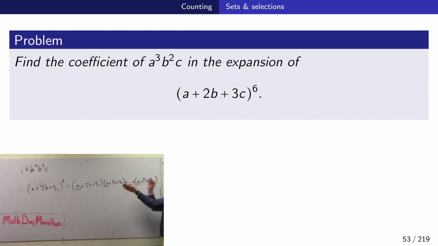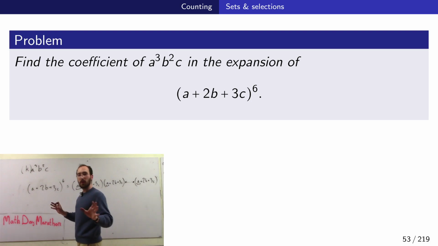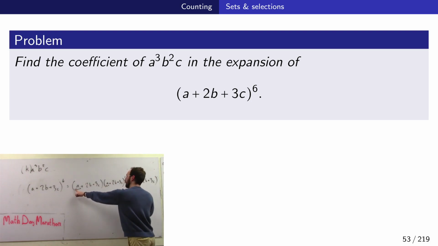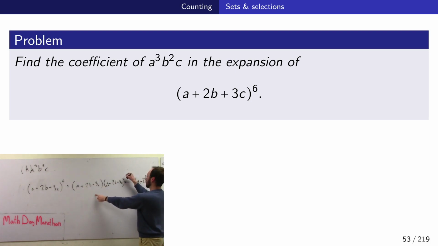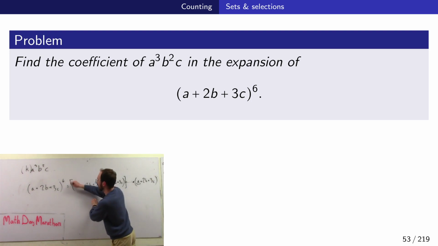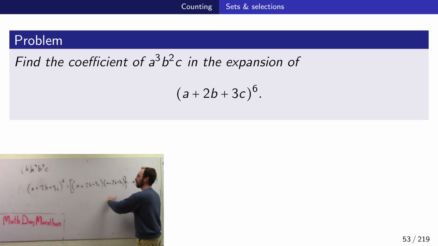When I multiply these out, they're going to make an a cubed with some other things, depending on what I choose from my other segments. Let's just say we're looking at just these 2 for now. I can choose this a right here, or I could have chosen this a.